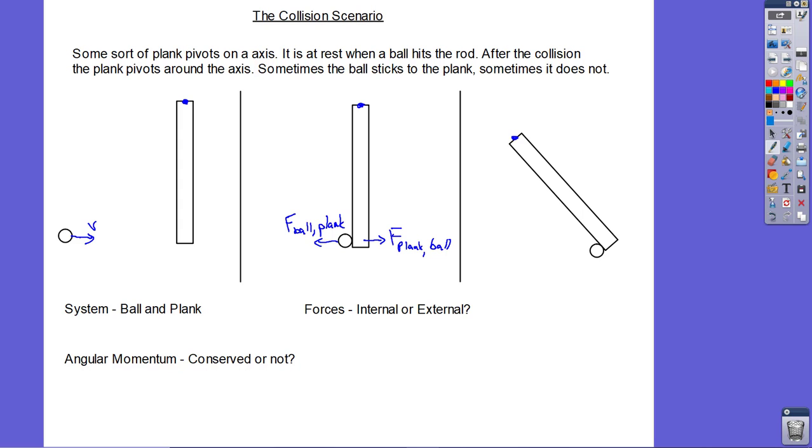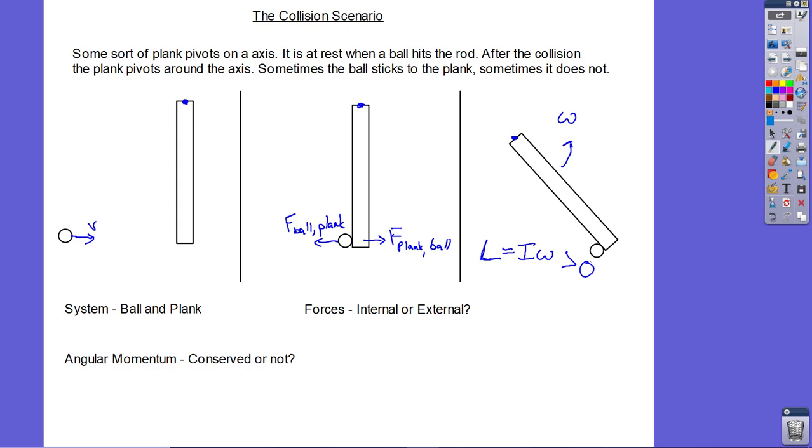Well, those are internal. And so after this, we see that we are going to have angular velocity, so we are going to have angular momentum. That's not going to be zero. So angular momentum is equal to I times omega, and it's definitely going to be greater than zero.